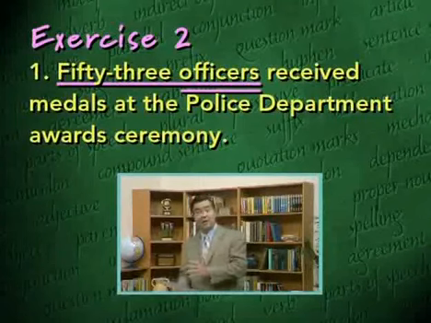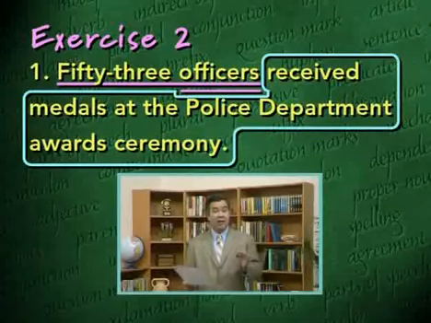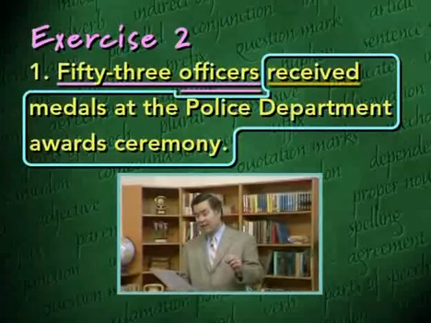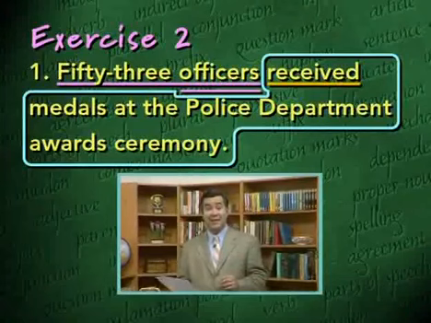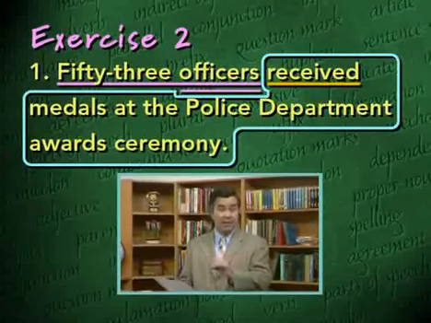That means the rest of the sentence would be the predicate. Were you able to identify the single most important word, namely the verb? That's the word that expresses the action that the officers did. The answer to that is received. Received is the verb in this sentence. It tells us what the officers did. They received something.